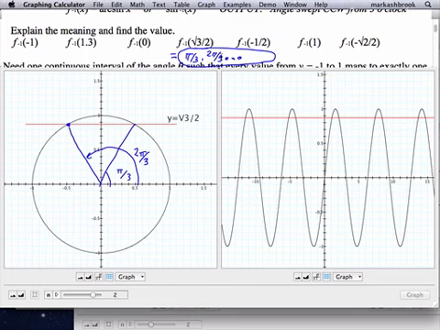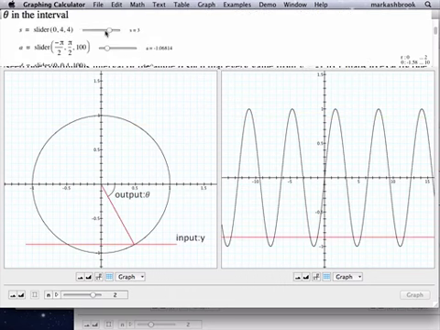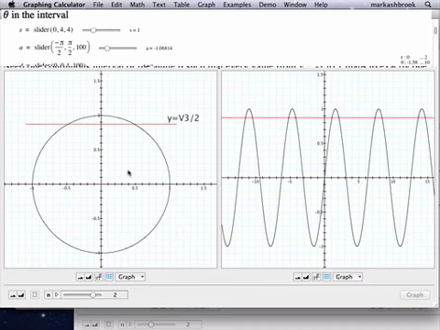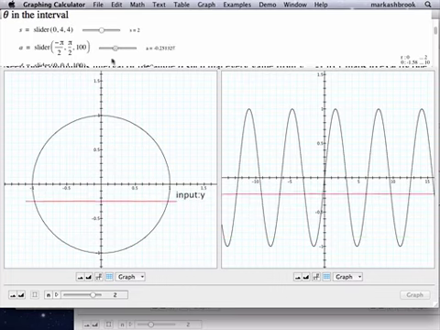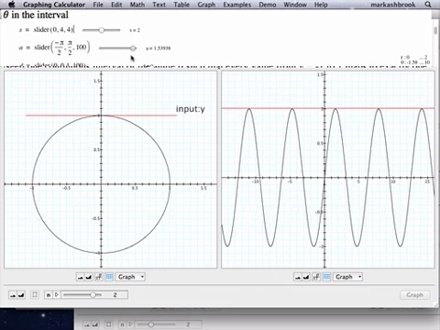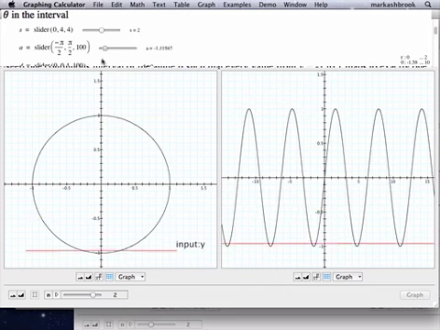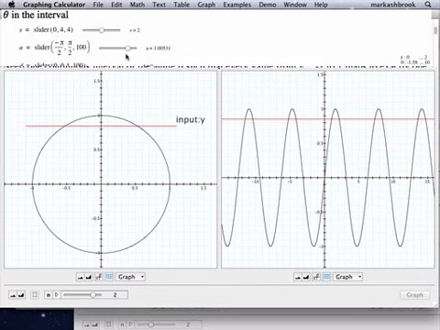What we need is, here are our possible inputs. We said that possible inputs could be from -1 to 1. So for each value from -1 to 1, we want to get one angle.